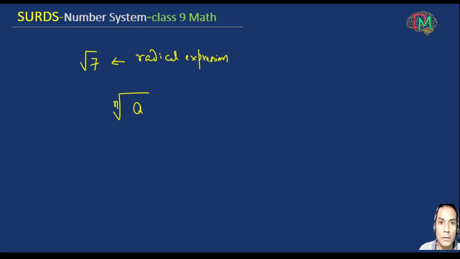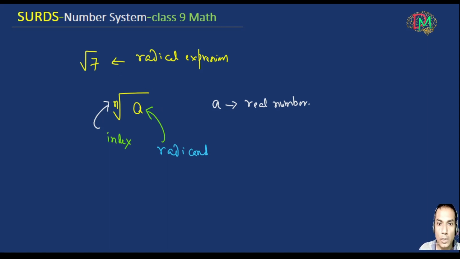Okay, so a is actually any real number. Here n is the index and a is the radicand. And this root is the symbol of radical.